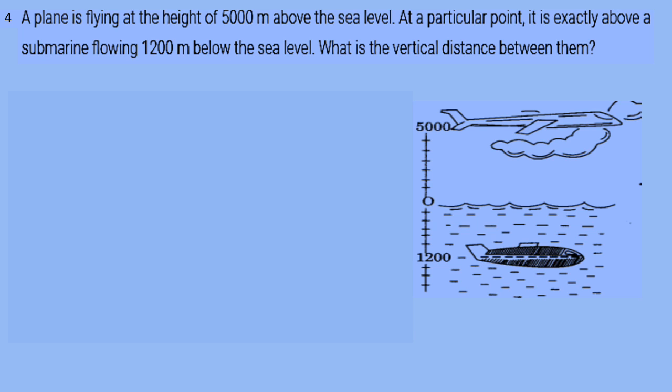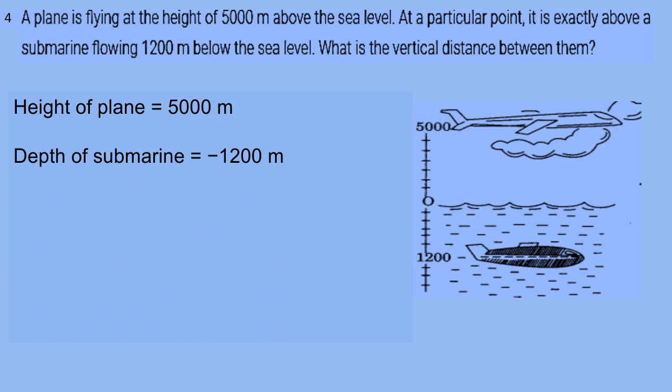Okay, you just think the sea level is 0, above the sea level is a positive value and below the sea level is a negative value. So I am going to write this. Height of plane is equal to 5000 meters. This is a positive value. Then depth of submarine is equal to minus 1200 meters. I have put minus here because it is below the sea level.